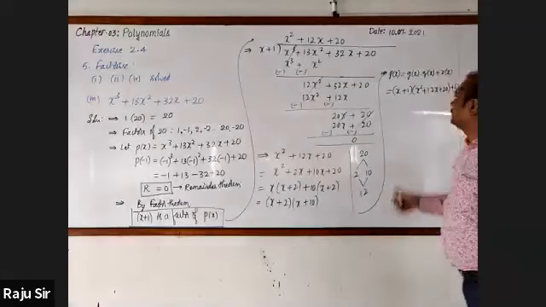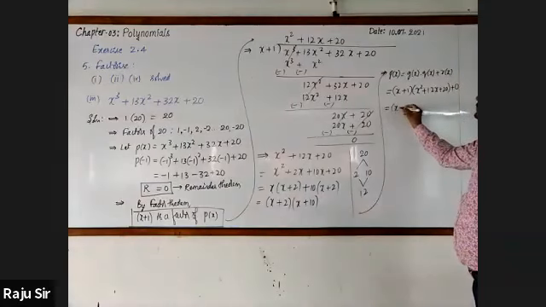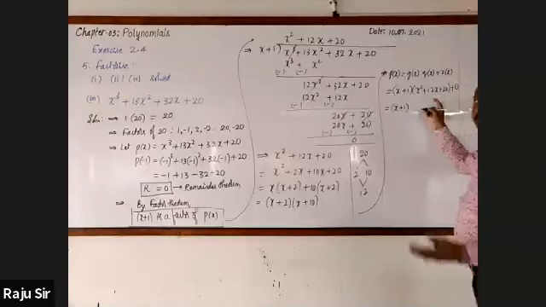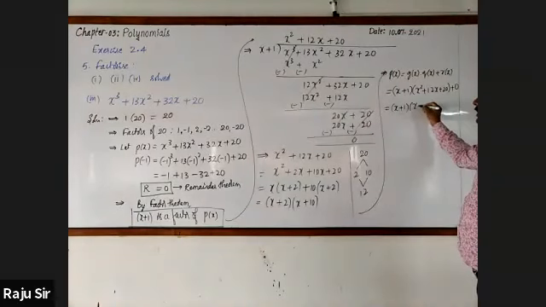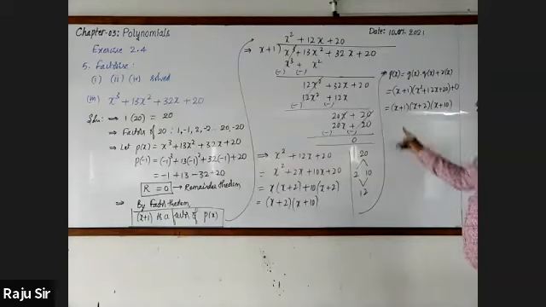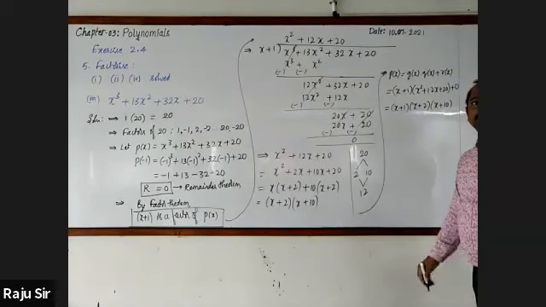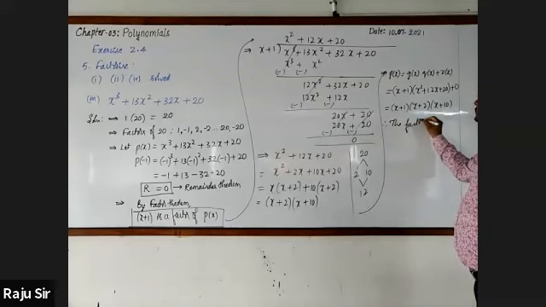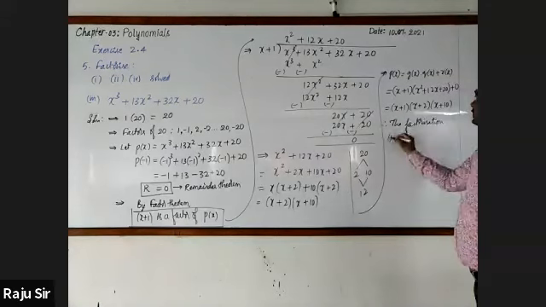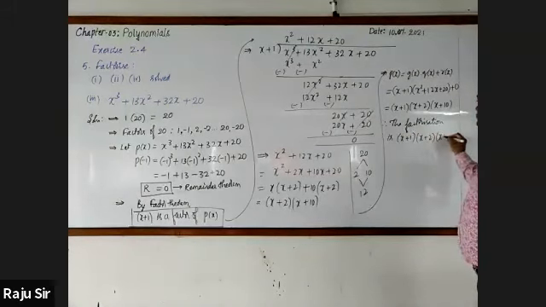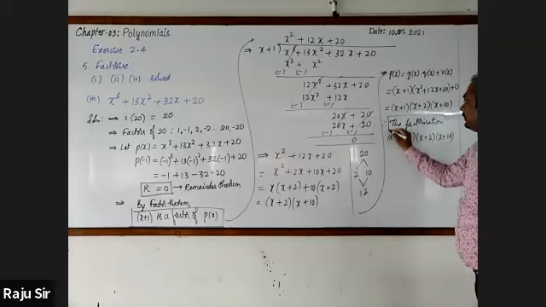Next, we have factorized x square plus 12x plus 20, then we got the other two factors, x plus 2 and x plus 10. So this is the factorization. Therefore, the factorization is x plus 1 into x plus 2 into x plus 10.